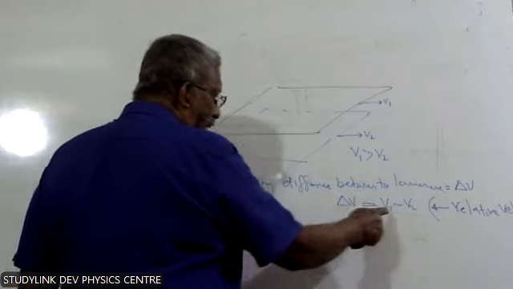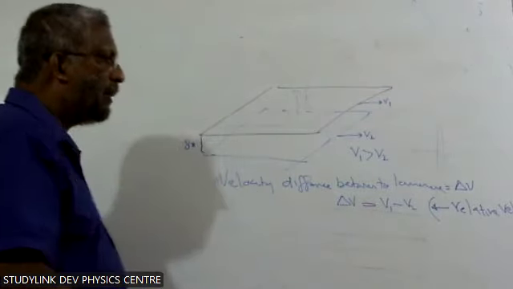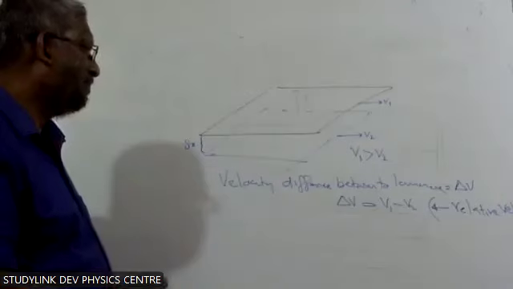The difference is delta V, V1 minus V2. Actually, it is relative velocity.